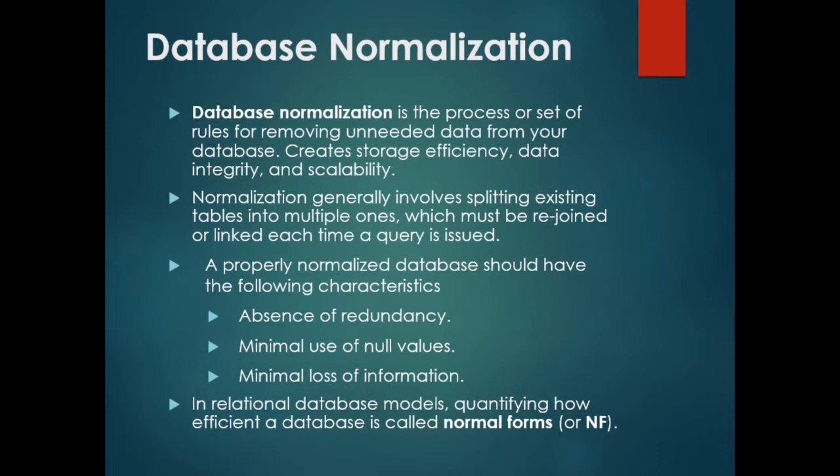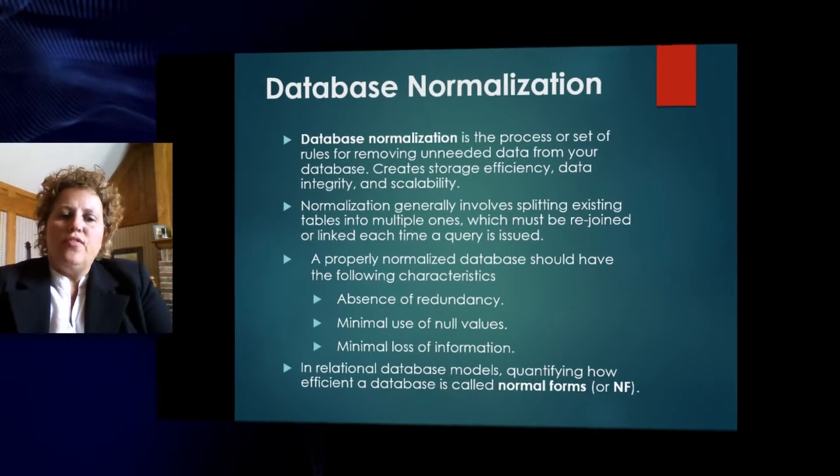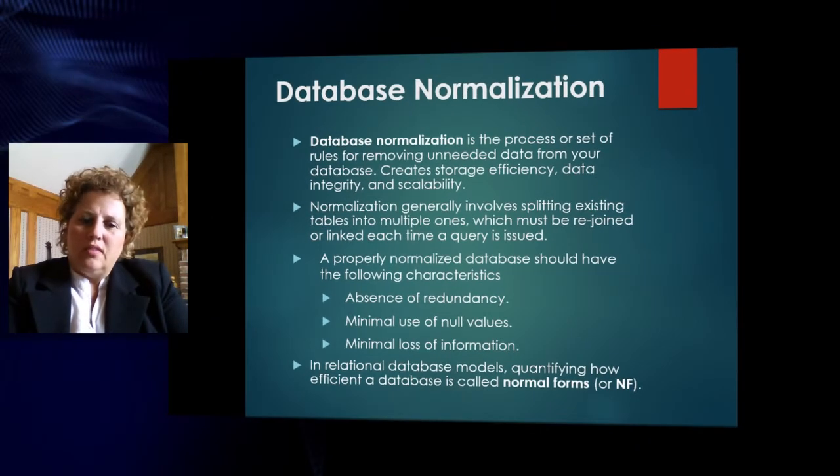In relational database models, quantifying, or labeling, measuring, if you will, how efficient a database is called normal forms. Typically, normalization involves splitting existing tables from within a database into multiple ones, which then can be rejoined or linked each time a query is issued, each time a question is asked of the data.